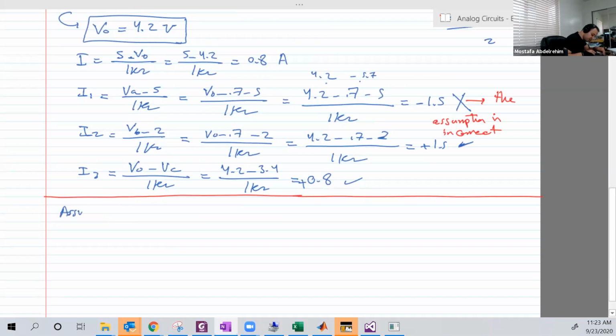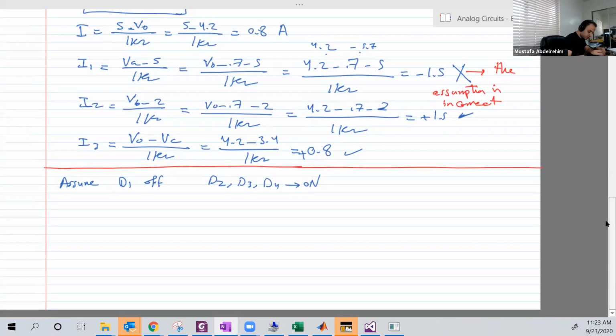Assume that D1 is off, D2, D3, D4 are on. D1 is off, that means I1 is 0. D2, 3, 4 are on, meaning that VD2 equals VD3 equals VD4 equals 0.7.